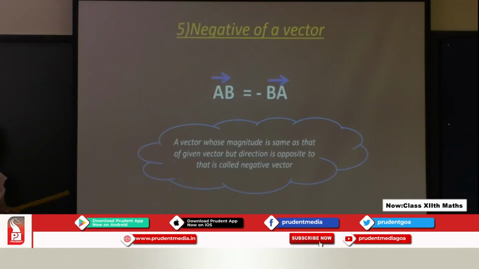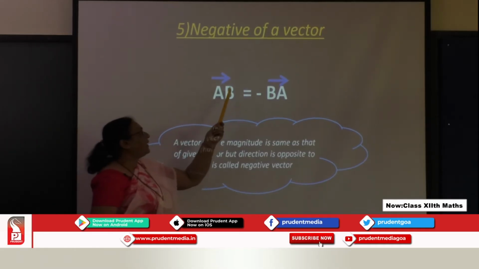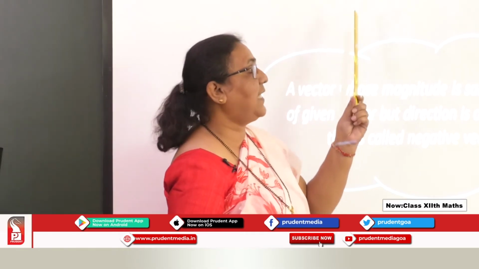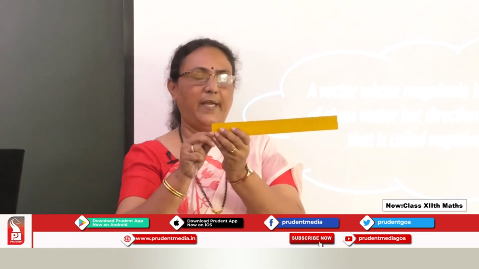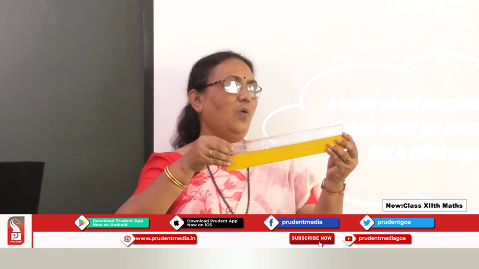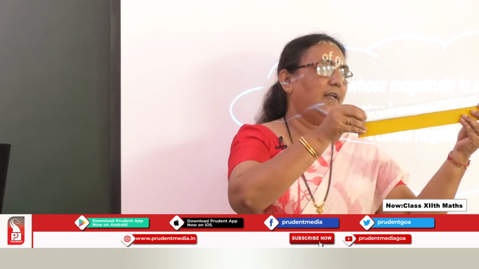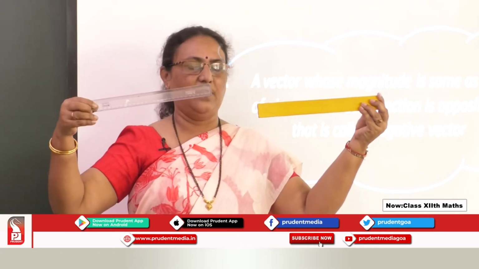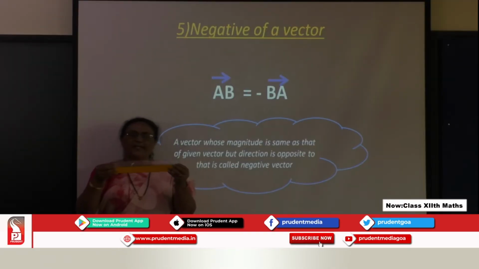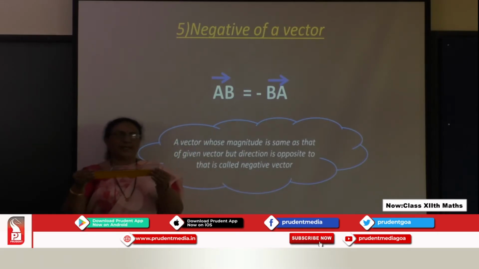Negative of a vector. A vector is starting from A and ending with B. Another vector starts from B and ends with A, but the directions are not the same. For example, from A to B, this is a vector AB, and this is another vector AB. If both are moving in the same direction, they are equal because the magnitude and the direction are the same.